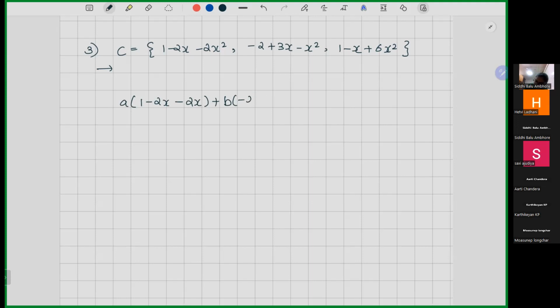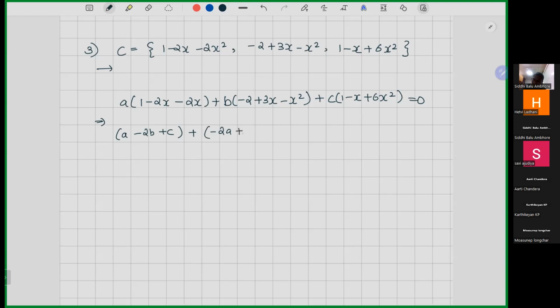Okay, so let us start and check whether this set is linearly independent or not. Minus 2 plus 3x plus x square minus x square, and this is equal to 0. And then a minus 2b plus c, I'm taking all the constants together. And now all the variable coefficients, we will check.